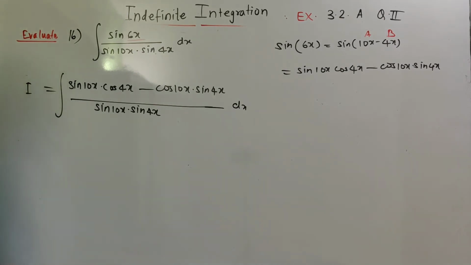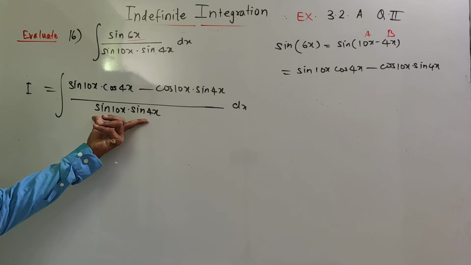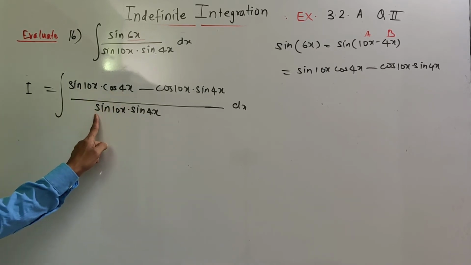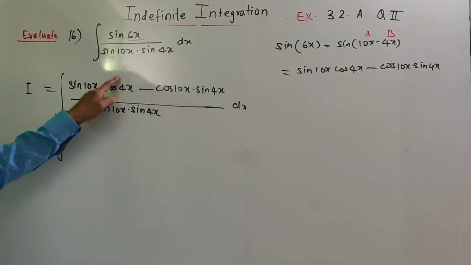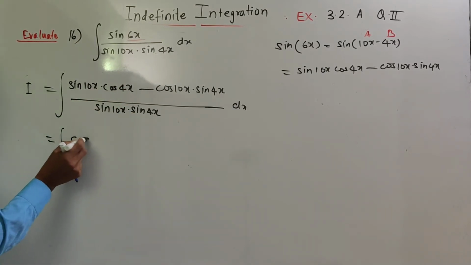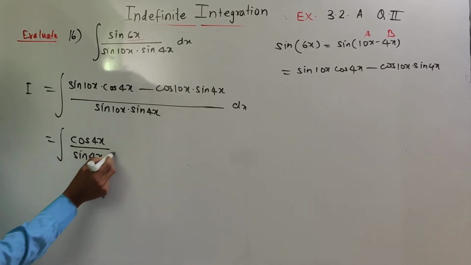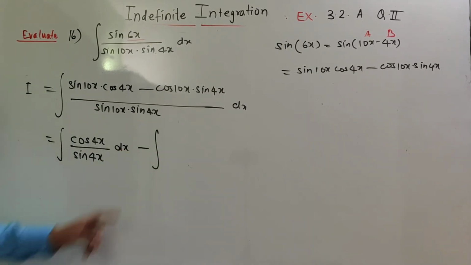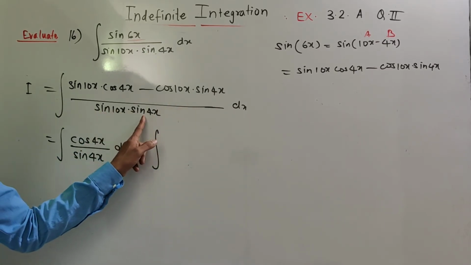Then we separate it. So sin 10x cos 4x divided by sin 10x sin 4x, this sin 10x will get cancelled and it will be cos of 4x upon sin of 4x dx, minus integral of cos 10x sin 4x divided by sin 10x sin 4x.